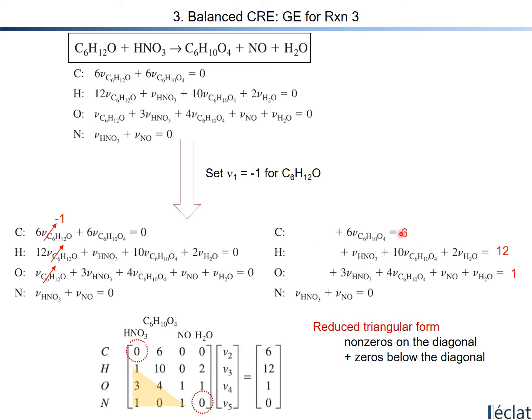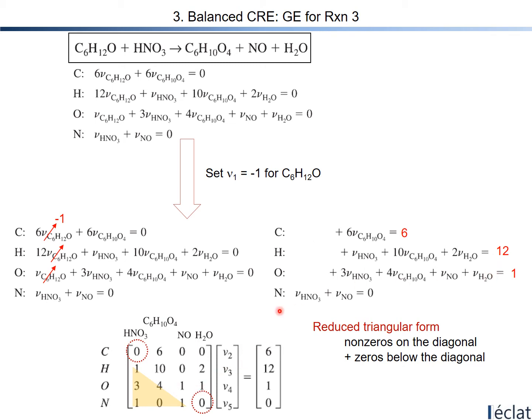And then let's move to hydrogen. So 1 HNO3, and 10 adipic acid, no NO here, and then H2O, 2. How about oxygen? 3 HNO3, and adipic acid, 4, and NO, just 1, H2O, 1.